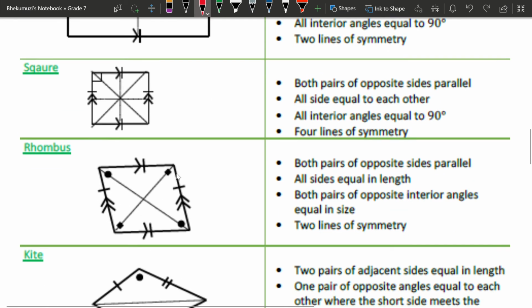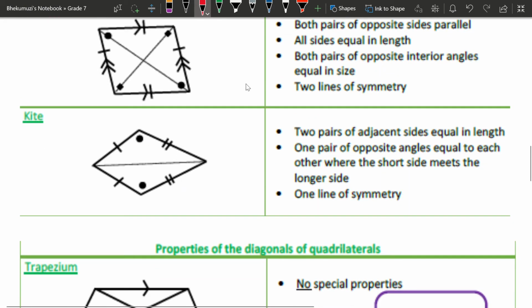Then we have the square. A square, again, is the most common. Both pairs of opposite sides are parallel. All sides are equal to each other, and all interior angles equal 90 degrees. And then with the rhombus as well, both pairs of opposite sides are parallel. All sides are equal in length. Both pairs of opposite interior angles are equal, and there are two lines of symmetry.